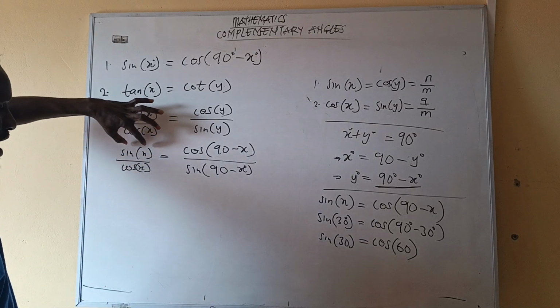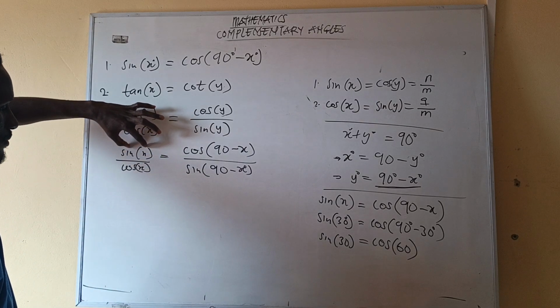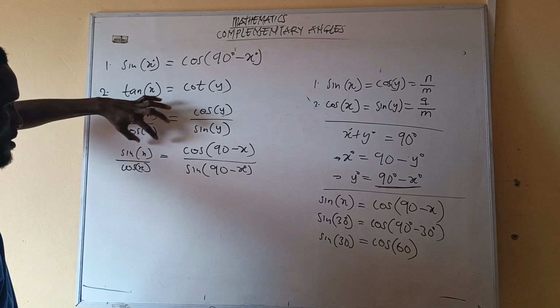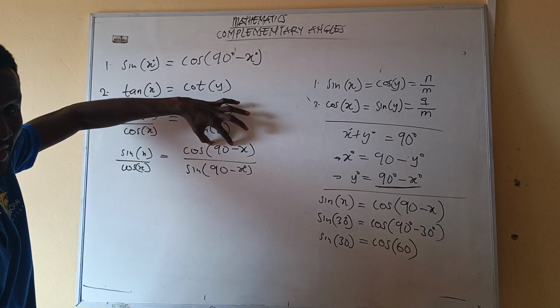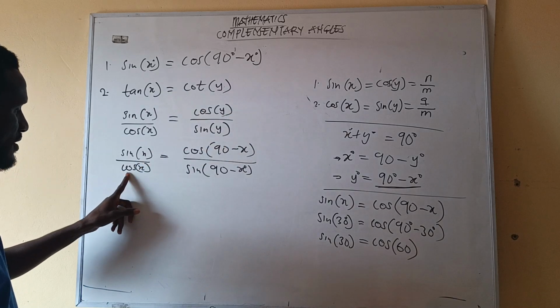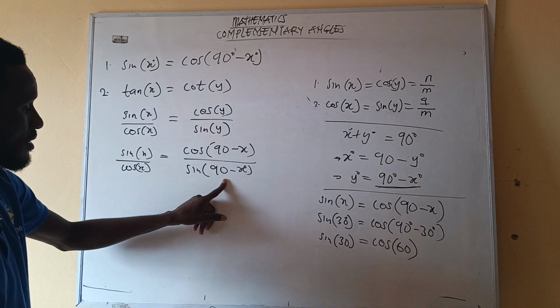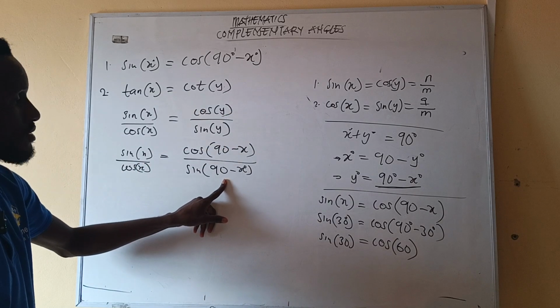Now, what can we say here? Are you seeing sine x equal to what? Cos 90 minus x? And then cos x equal to what? Sine 90 minus x? Yes.